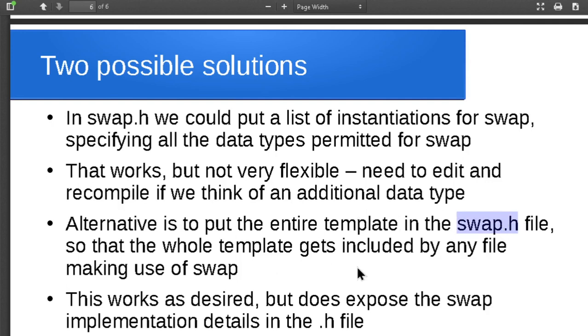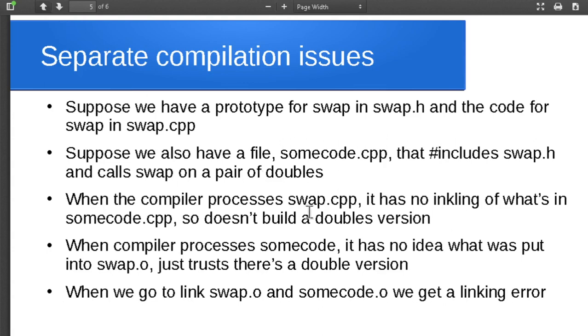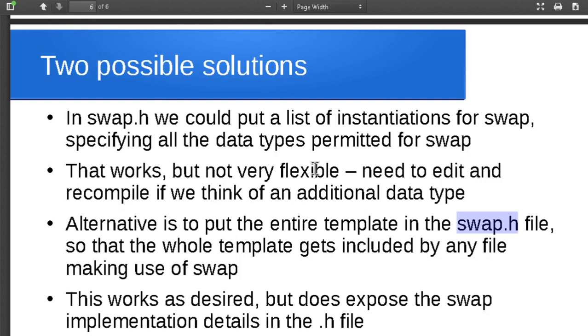Then when you include swap.h, you're including the blueprint for how to build swaps. And so anytime somebody compiles something like their sumcode.cpp, it's included the blueprint, so it's got the blueprint available to work from. It sees that you're using a swap, it builds the right version.